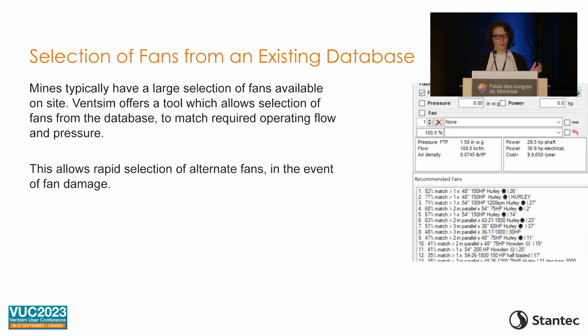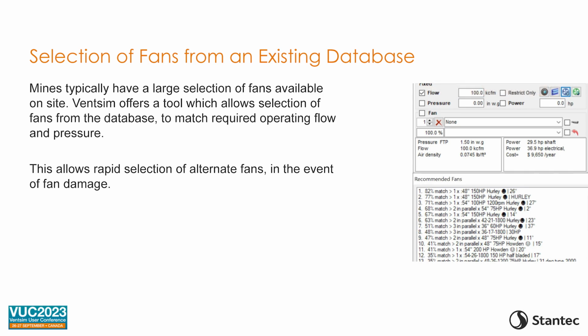It's a good tool as long as we build the database in Vensim, and you can select another fan that will provide the same operating points. As you can see here in the picture, this was a quick selection of a fan based on an operating point, and it will show how closely it matches different types of fans.